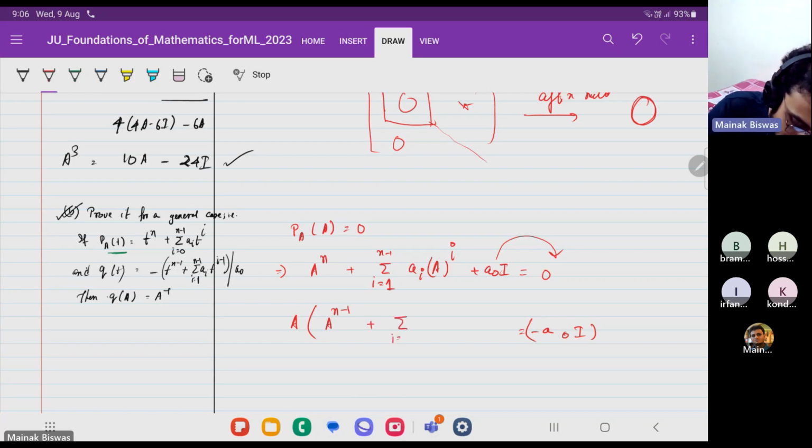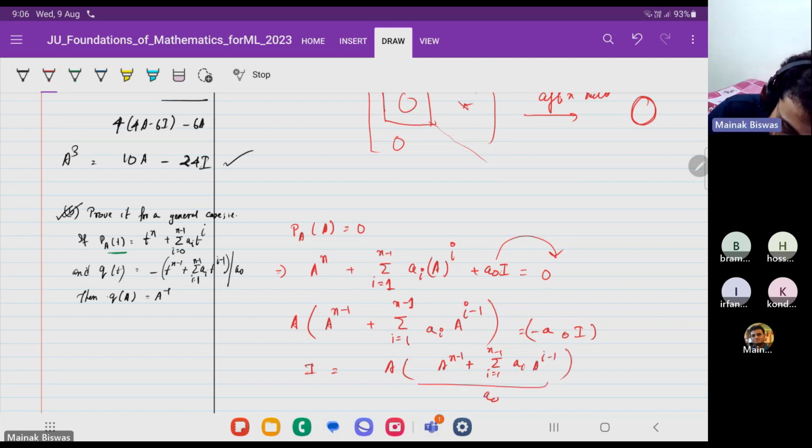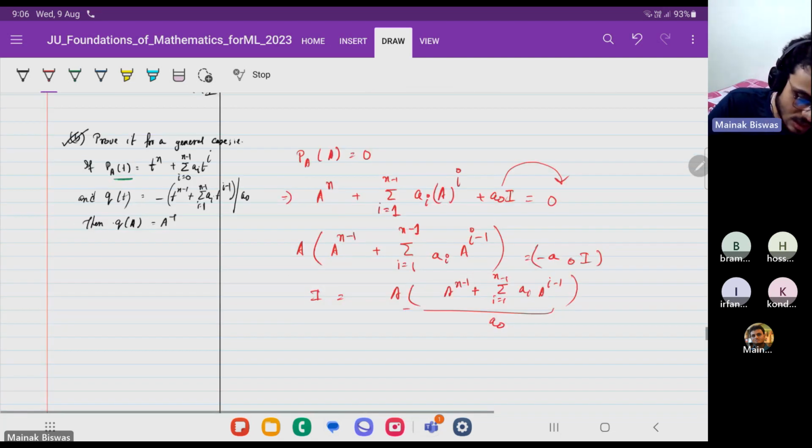Plus summation of i equal to 1 to n minus 1 of a_i into A to the power of i minus 1, right? So I will be equal to A into A to the power n minus 1 plus summation of i equal to 1 to n minus 1 of a_i A to the power i minus 1, divided by a0. So do you see?